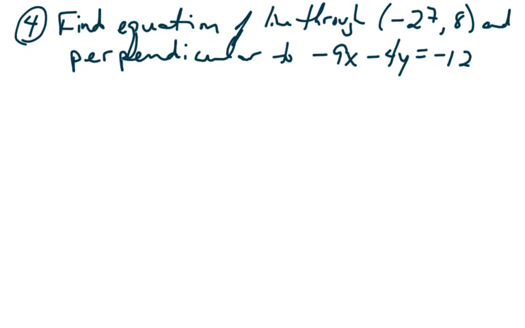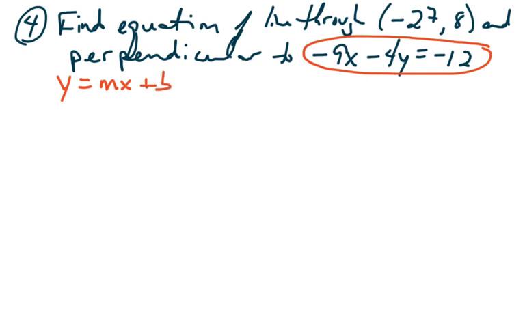So the only way I can find a slope here is by rearranging this equation. So if I solve that equation for y so that it's in the form of y = mx + b, I can easily identify the slope because it's going to be the number in front of my x. So that's my goal in this equation, is to rearrange it so that I solve for y so I can find the slope.